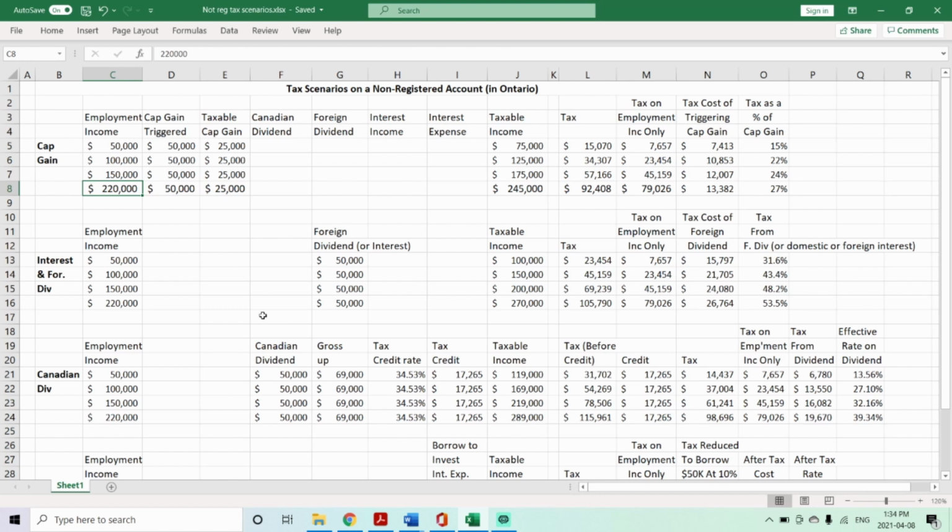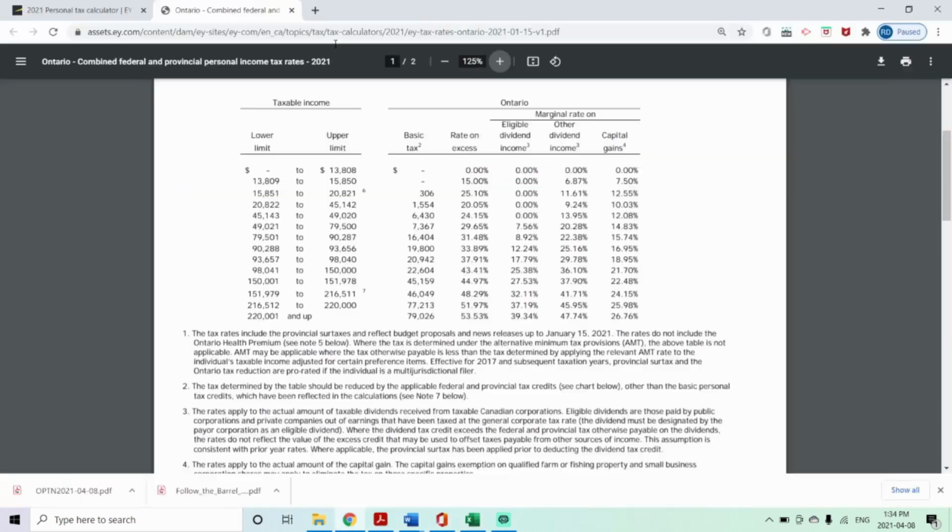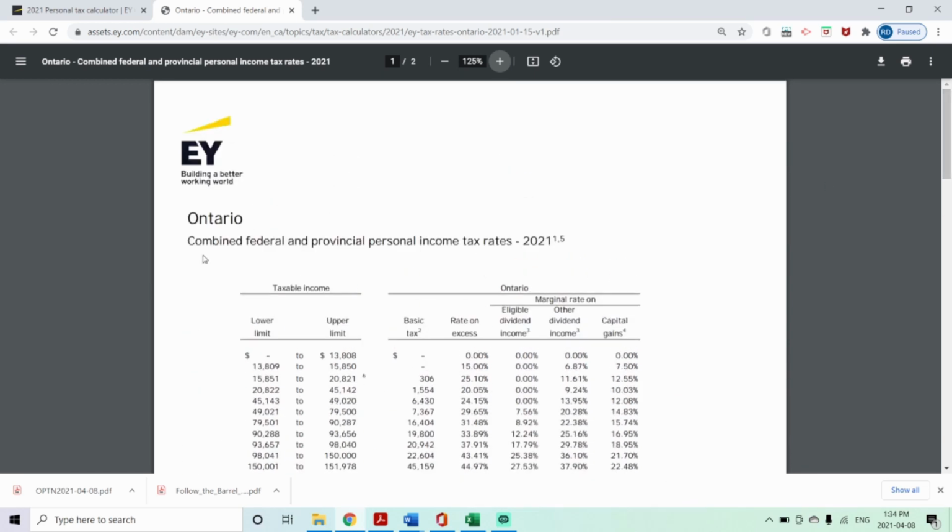Okay, if I didn't trigger the capital gain and my boss walked in and said, hey, we're giving you a raise to boost your salary by $50,000, well, I'm in the top marginal tax bracket here. And let me go to this. Top marginal tax bracket in Ontario, combined federal and provincial income tax rates 2021.